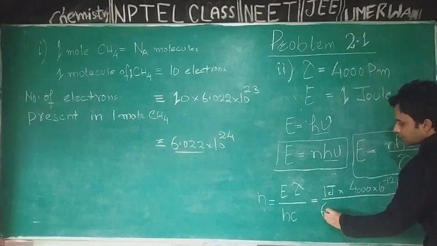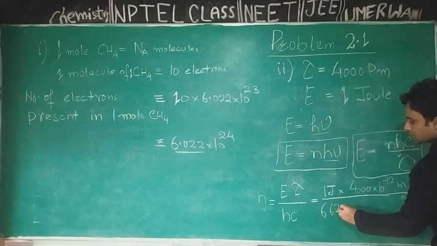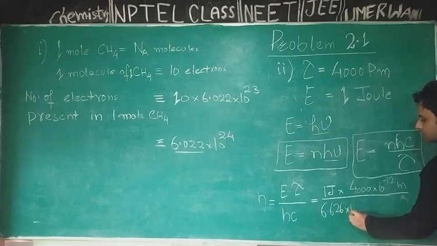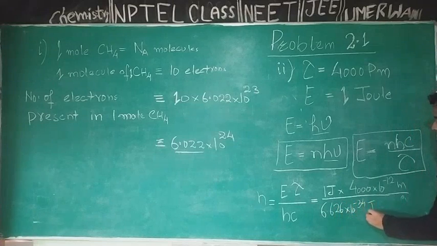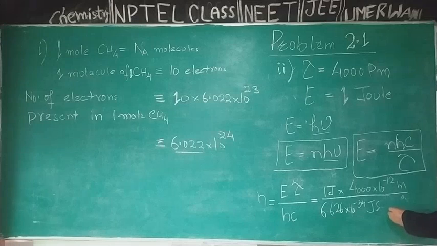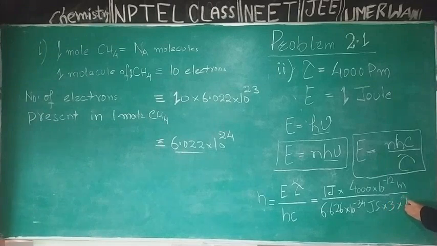Planck's constant is 6.626 into 10 to the power minus 34 joule second. Velocity of light or radiation is 3 into 10 to the power 8 meter per second.